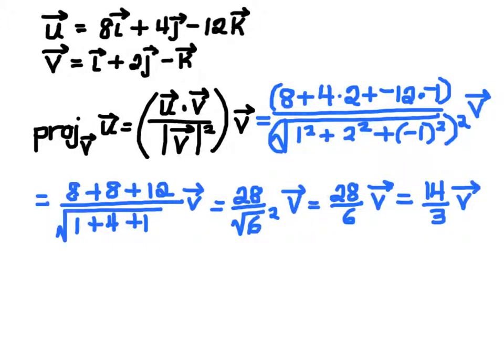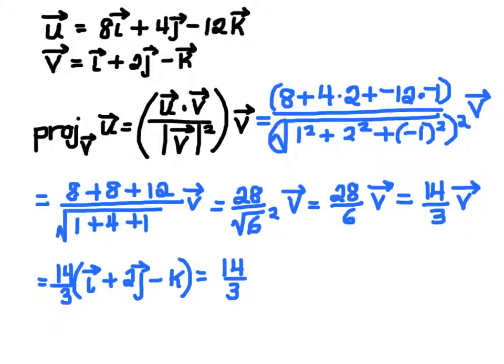And we're almost done. Now to finish this off, we're going to take the 14 over 3 and multiply that by vector V. And vector V is i plus 2j minus k. Let's distribute the 14 over 3, and we get 14 over 3 i plus 28 over 3 j plus a negative 14 over 3 k.